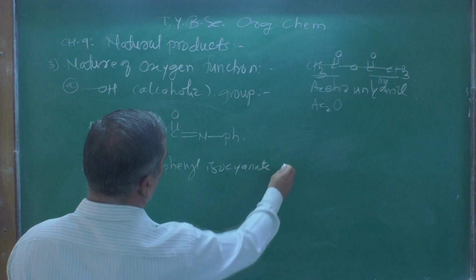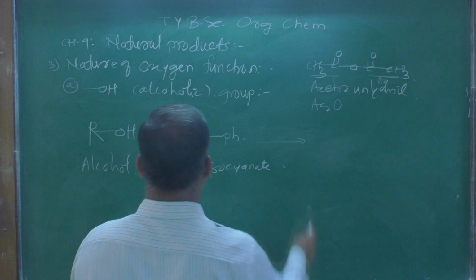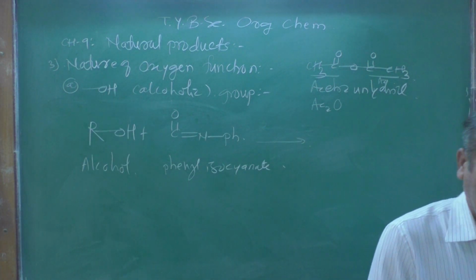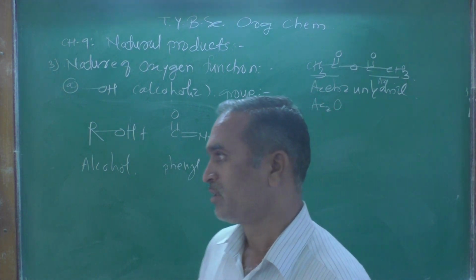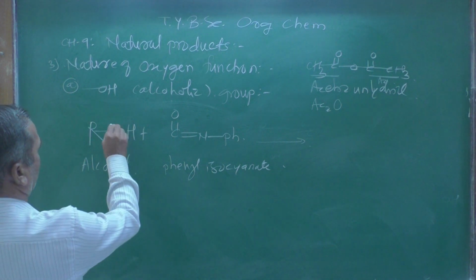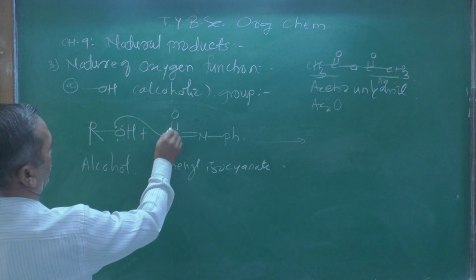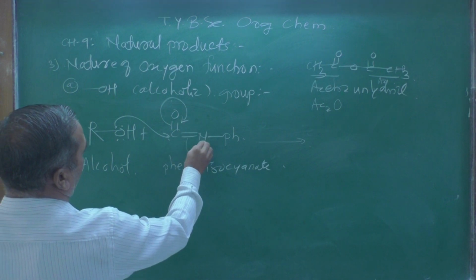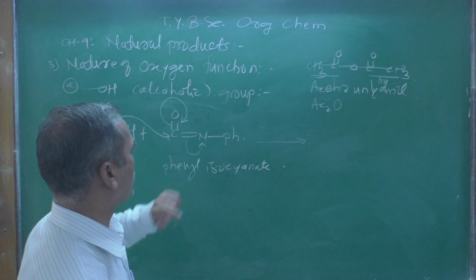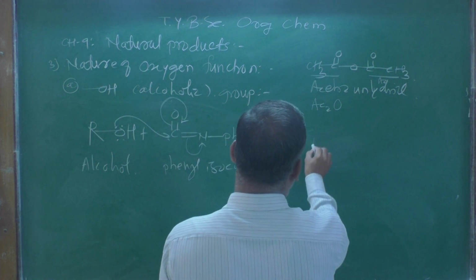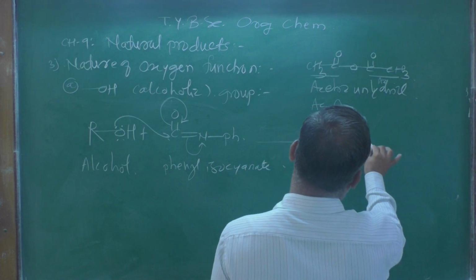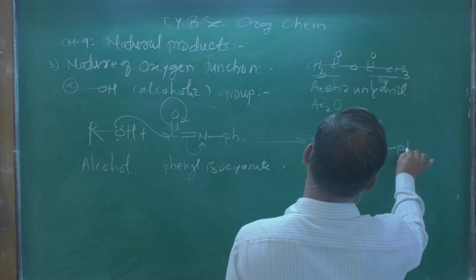When they react together, the compound formed will be a urethane derivative. The alcohol attacks, and that hydrogen atom goes and attaches to the nitrogen atom. What you get here is RO, then C double bond O, then NH, and this Ph.